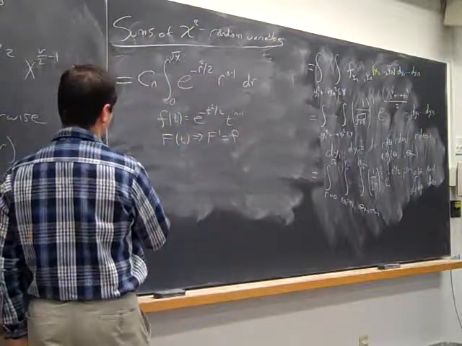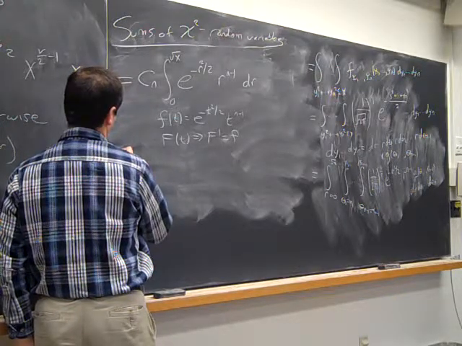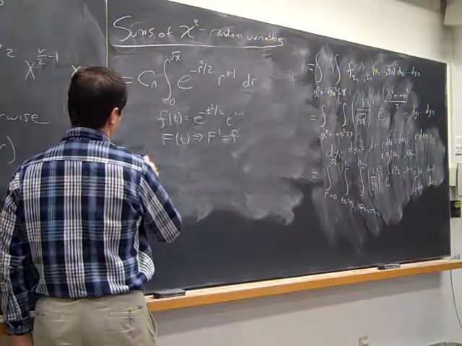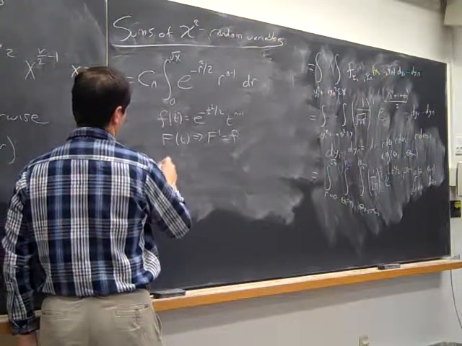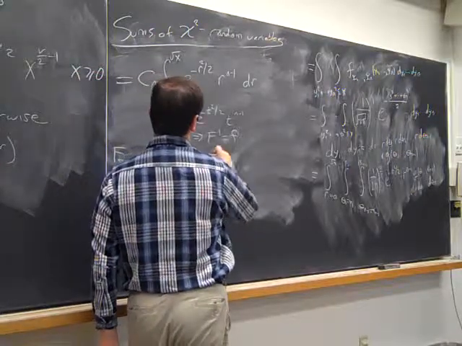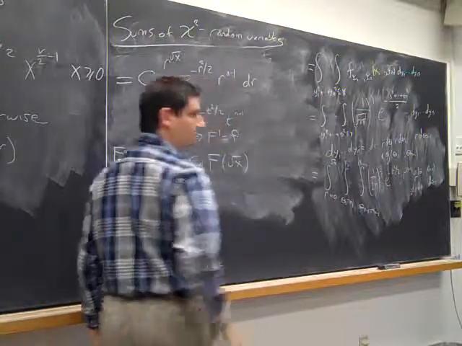So we've just shown that the CDF of x1 plus xn at x is equal to Cn times big F evaluated at square root of x.